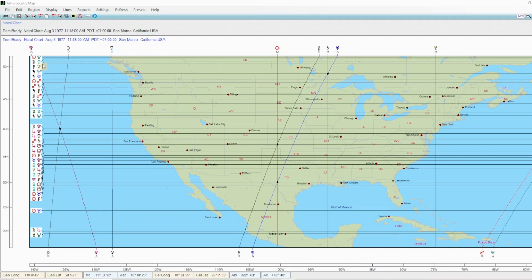Going down the list here, we can see all these different paran combinations. There are 13 planets, planetary bodies, that I use when I look at charts. I have the two luminaries, the Sun and the Moon, the 5 elemental planets, Mercury, Venus, Mars, Jupiter, and Saturn. We have the 3 outer planets, Uranus, Neptune, and Pluto.